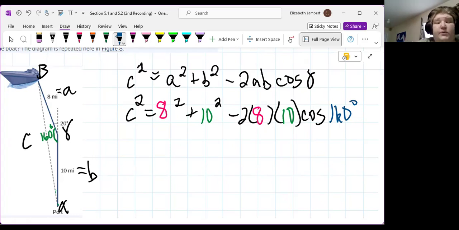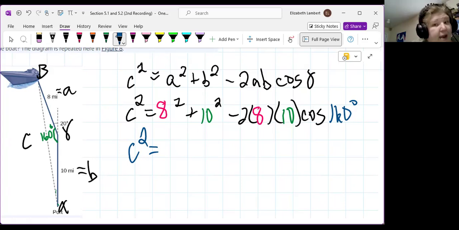That is all numbers on the right, so I'm going to crunch all of that on my calculator. Remember, best bet is to type all of it at once. Don't try to break it up into pieces. So 8 squared plus 10 squared minus 2 times 8 times 10 times the cosine of 160. Make sure you're in degrees.